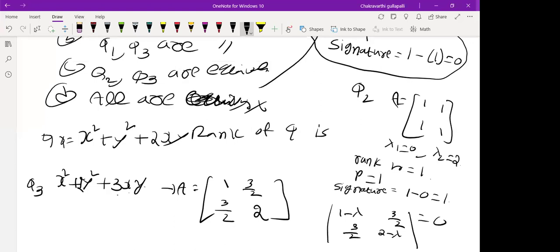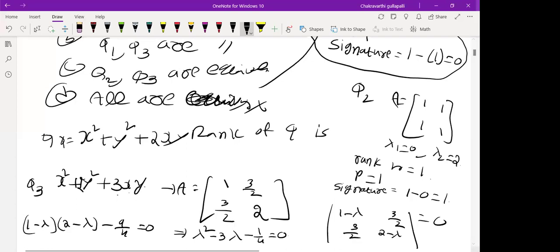You can multiply by 2 and then get for 2a and then divide by 2. Option is yours. So 1 minus lambda into 2 minus lambda minus 9 by 4 is 0. Then we simplify: lambda square minus 2 lambda minus lambda is minus 3 lambda, 2 minus 9 by 4, 1 minus 1 by 4.